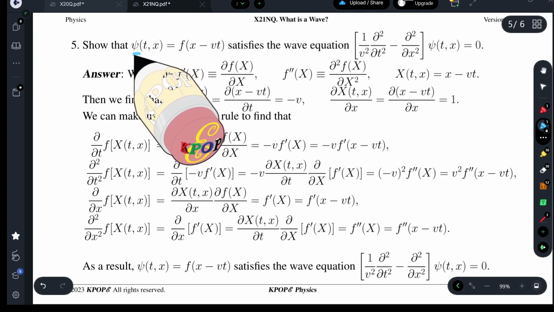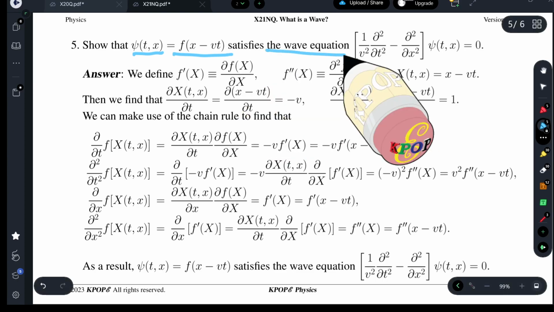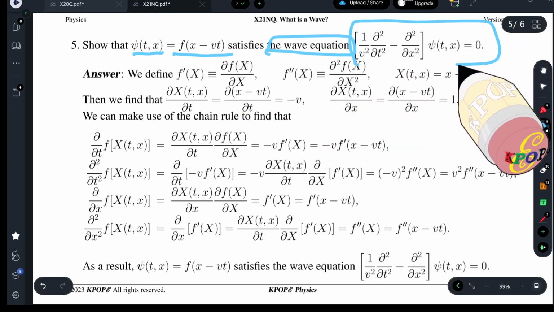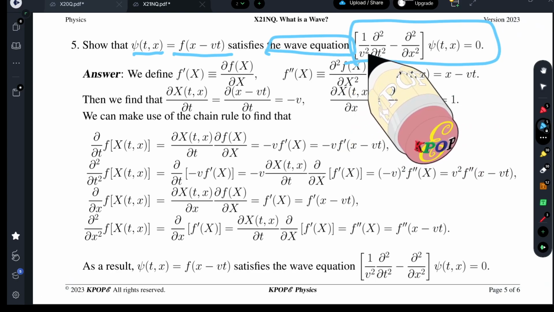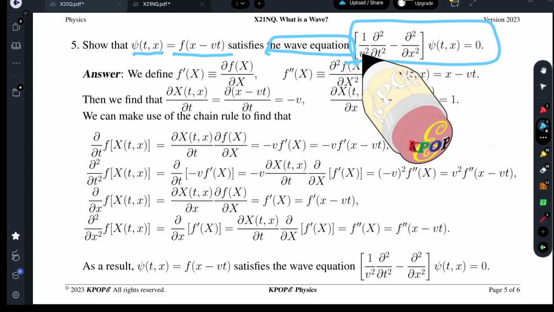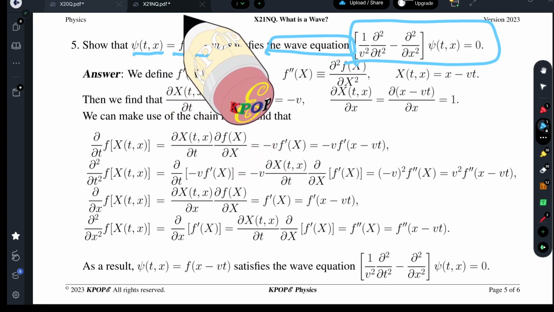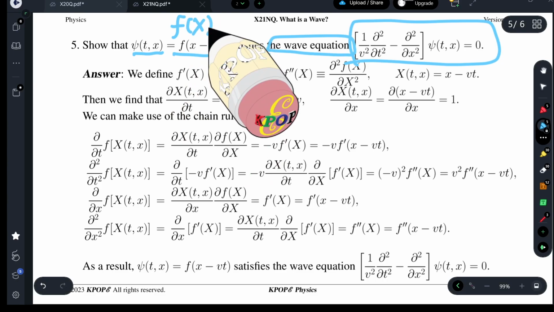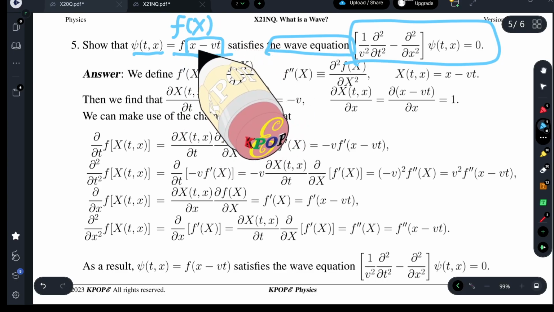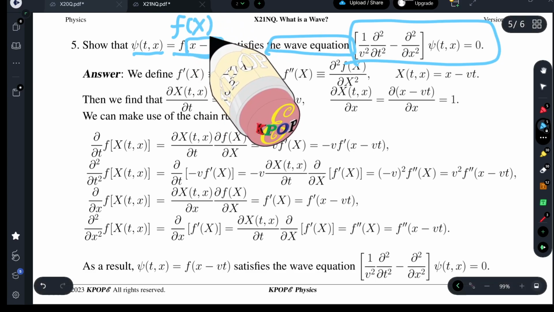Show that psi of x comma t, which is f of x minus vt, satisfies the wave equation. This is called the wave equation that propagates along the x-axis with the speed v. Okay, so we define a function f of capital X. Now we replace x minus vt with the capital X substitution.